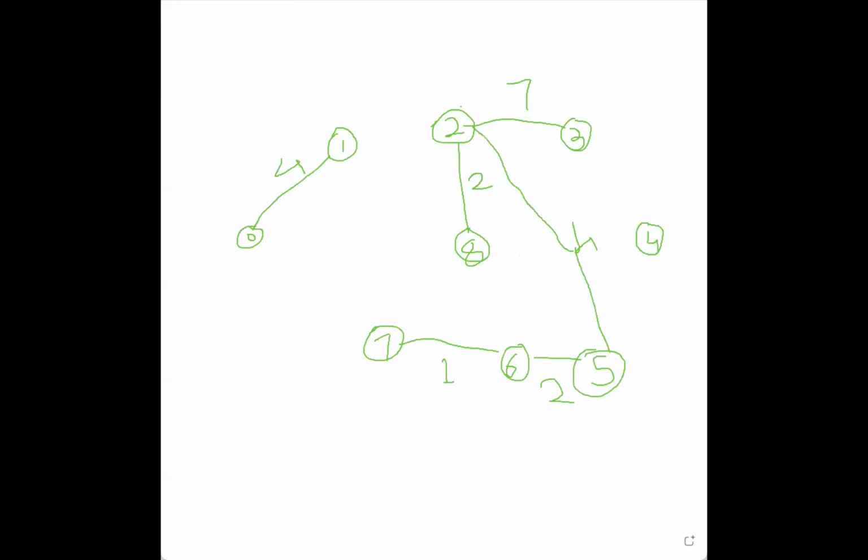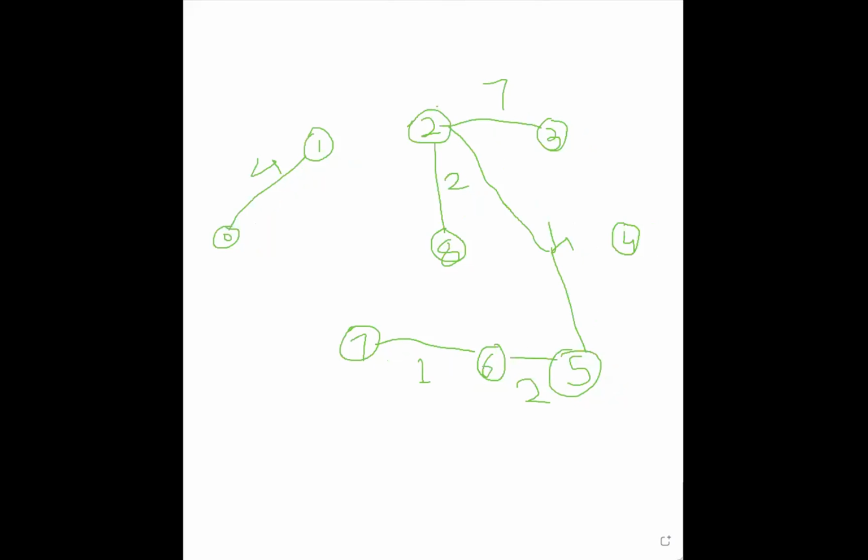So what will the next be? 2 to 3. 2 to 3 we have already taken here with the value 7. Okay. Then pick edge 7 to 8. What will happen if we pick 7 to 8?